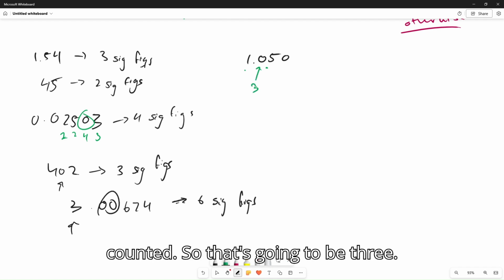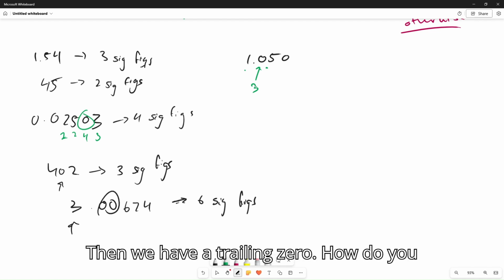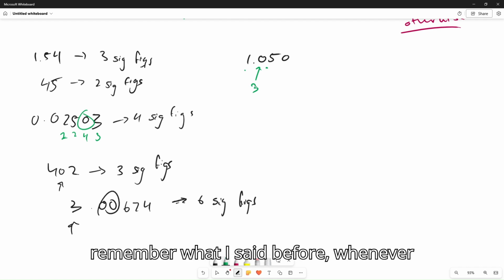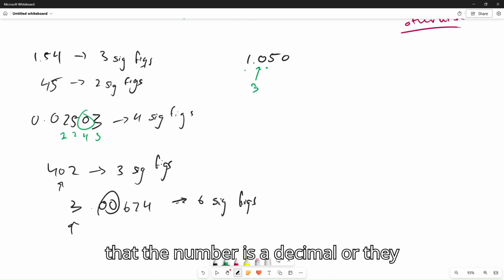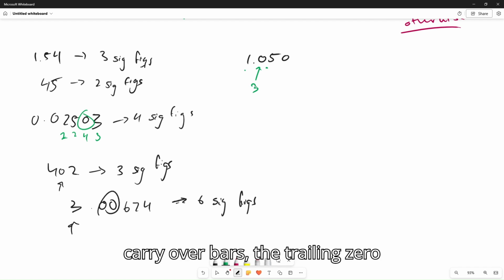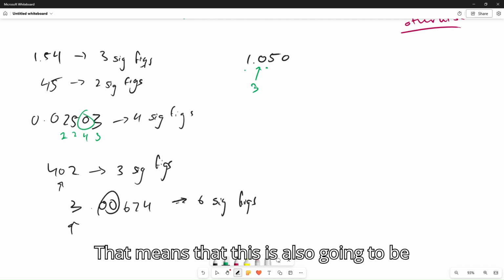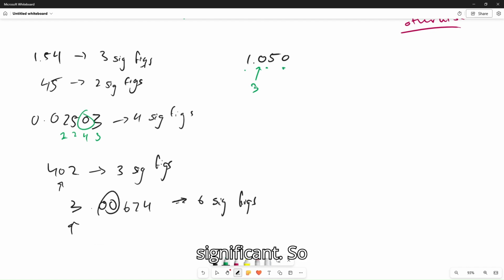So that's going to be 3. Then we have a trailing zero. How do we know if this is counted or not? Well, if you remember what I said before, whenever the number is a decimal or carries overbars, the trailing zero is going to be counted as significant. That means that this is also going to be significant. So 1.050 has 4 sig figs.